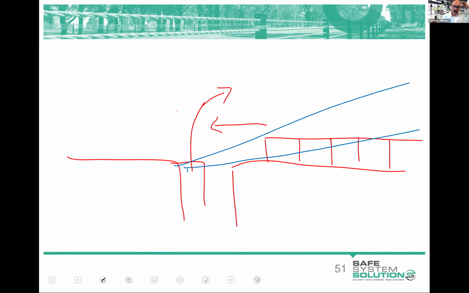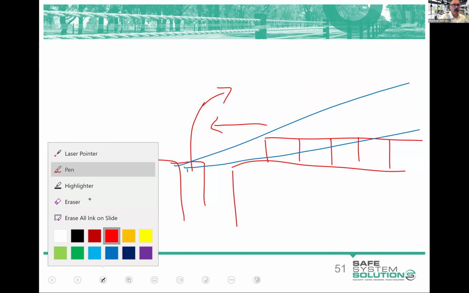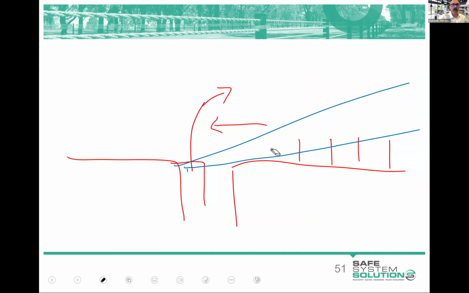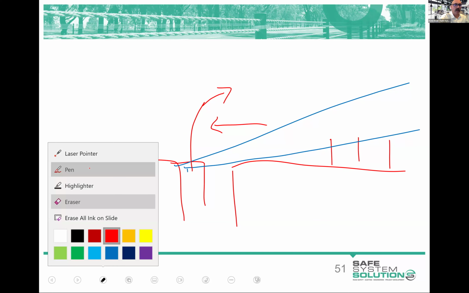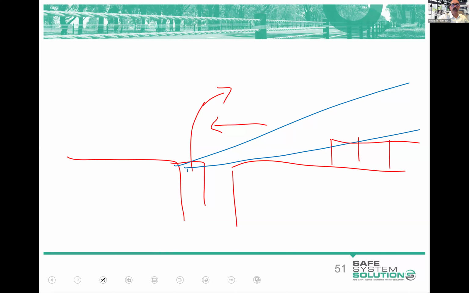So if we were to say, okay, I'm going to remove the first car park or second car park. Now I've opened up enough sight lines to meet the stopping safe intersection sight distance requirements. Is this a primary or supporting treatment? This is a supporting treatment by itself. It is a supporting treatment. It's not a primary treatment.